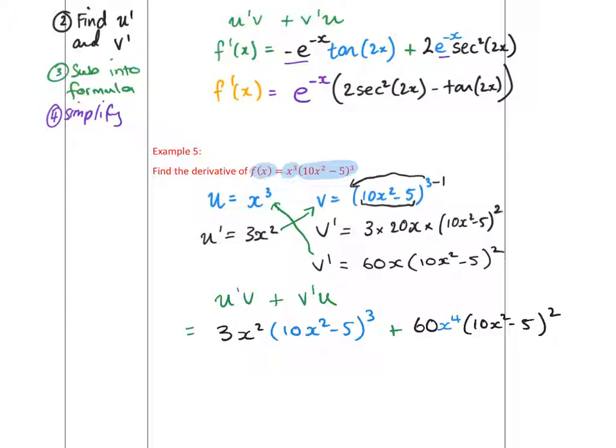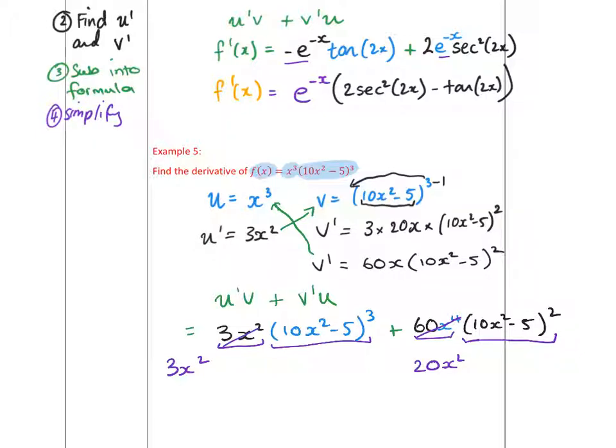Now a lot of people would leave their answer here, and it's somewhat difficult to realise that we actually have a common factor, not only of 10x squared minus 5 all squared, as that goes into this cubed here, but also we have a common factor of 3x squared, which goes into 60x to the 4. So let's start by removing the 3x squared, which goes directly into that, but of course leaves 20, so 60 divided by 3, x squared here.